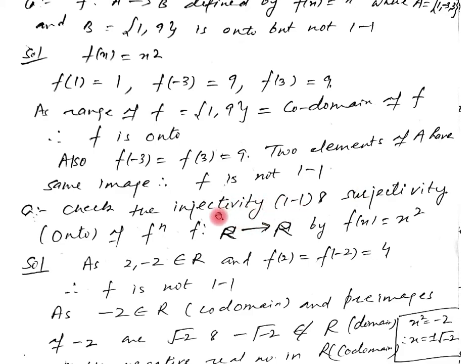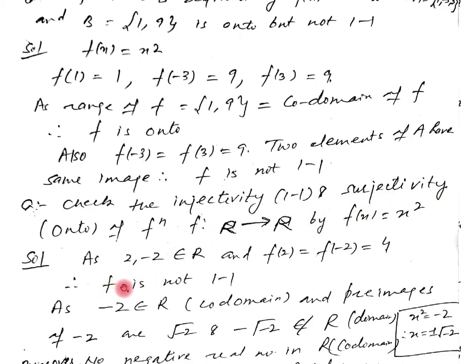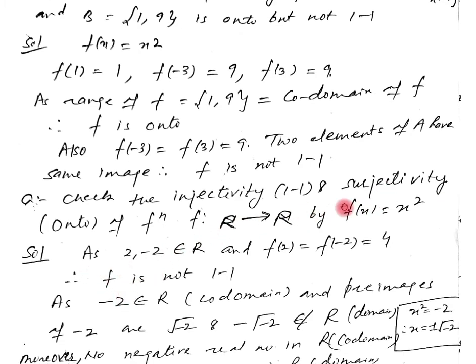Let us take two elements from the set of real numbers, 2 and minus 2, belonging to R. But f of 2 and f of minus 2 are equal to 4, because 2 square is 4 and minus 2 square is equal to 4. Now the two different elements have the same image, so the function is not 1-1.